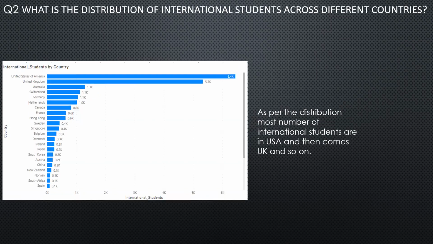It is, what is the distribution of international students across different countries? As through the chart, we can see that it is again USA. The PCT international students from the university year table was used for it, and country name from the country table was used to construct the visualization, which displays the distribution of international students by countries.